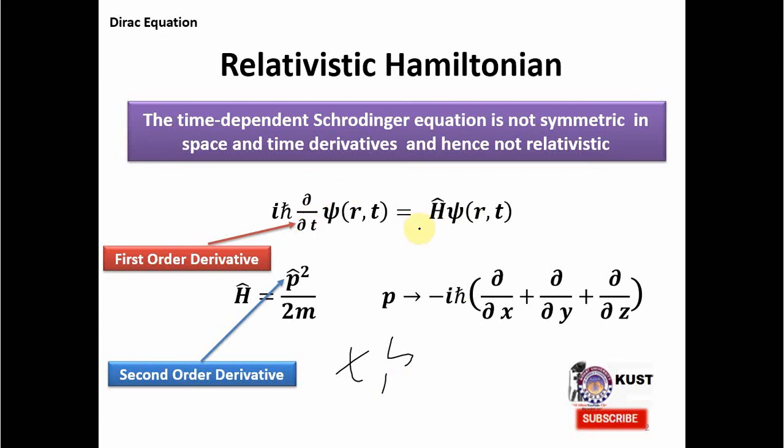So this is manifestly a non-relativistic equation, and hence the quantum mechanics created from the Schrodinger equation would be a non-relativistic quantum mechanics.